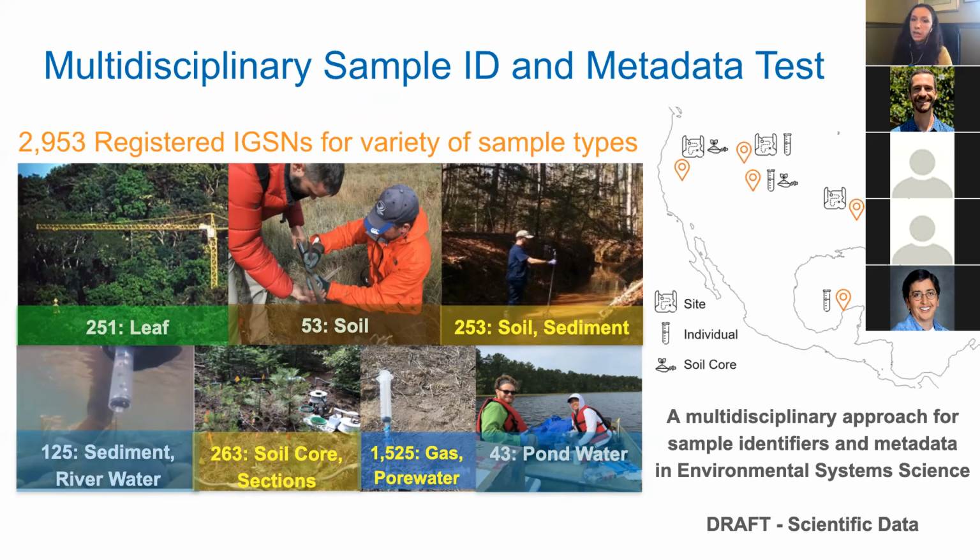And this really enabled us to test the use of IGSN core sample metadata across a variety of both geoscience and biology related samples. And what we learned really was that in multidisciplinary environmental system science work, these identifiers for samples can be a really powerful tool to link and track this complex information.